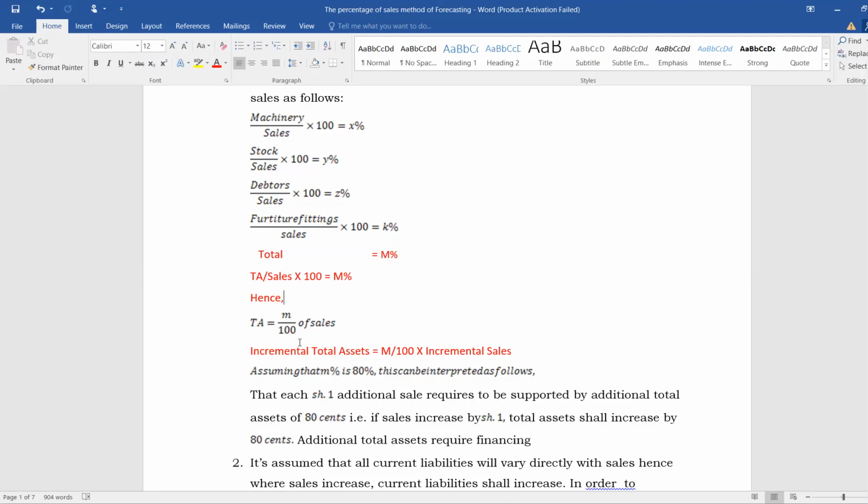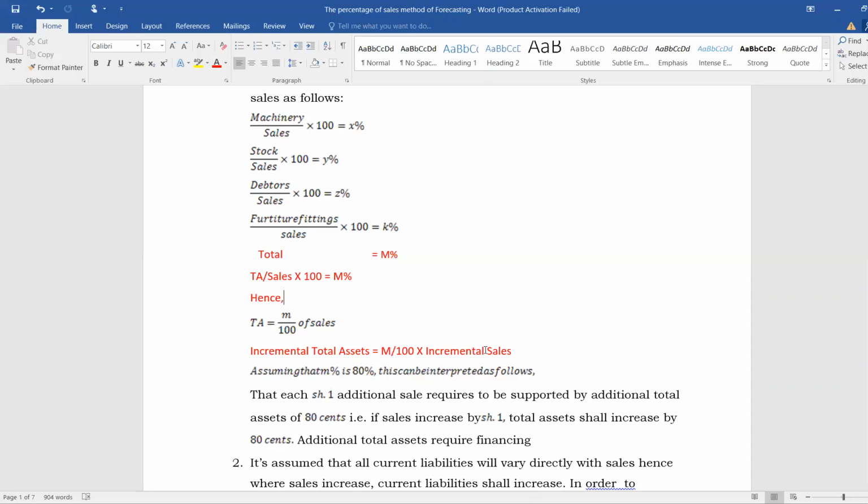Ama tukubaliane? Yes. And if that is the case, we can take an incremental approach. If total assets is M% times sales, then incremental total assets is M% times incremental sales. If this relationship exists and is assumed not to change, then incremental total assets will be M% times incremental sales.